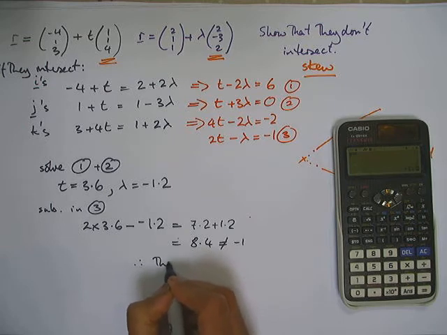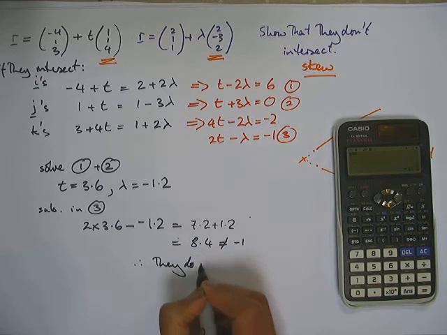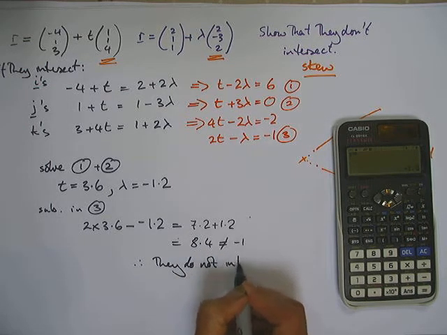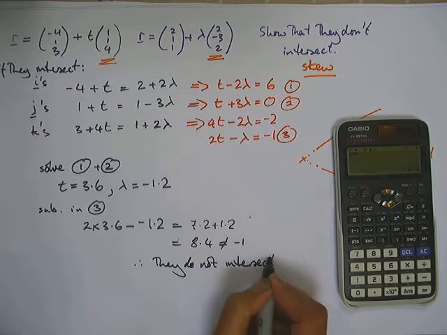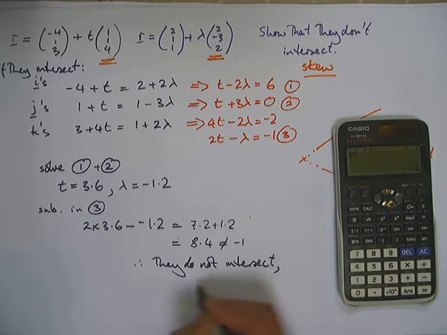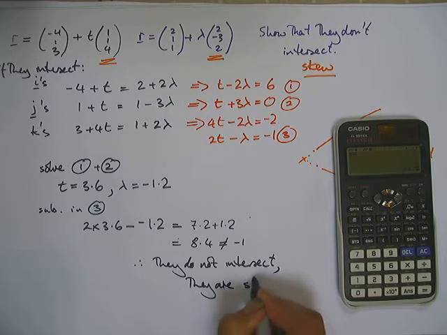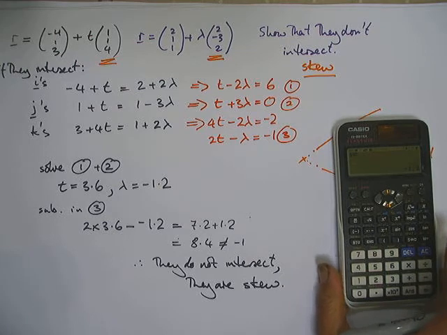Therefore, they do not intersect. Okay? They are skew. They don't have to be parallel to not intersect.